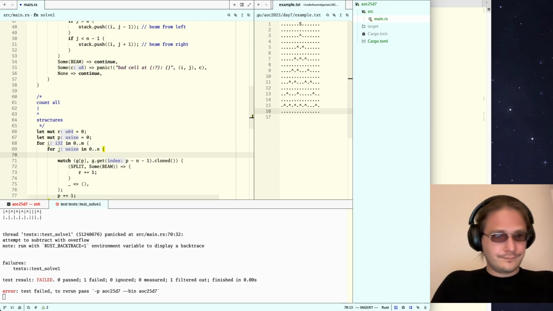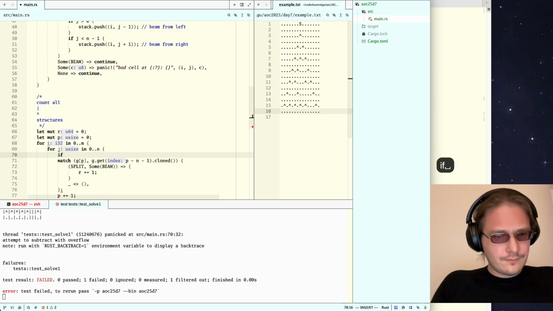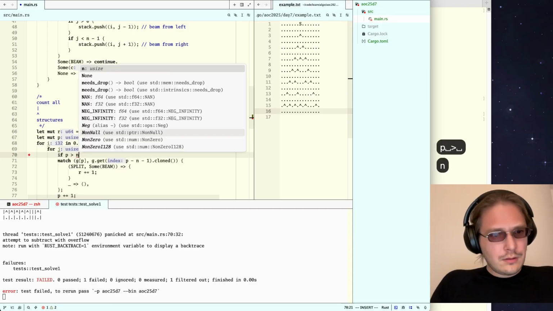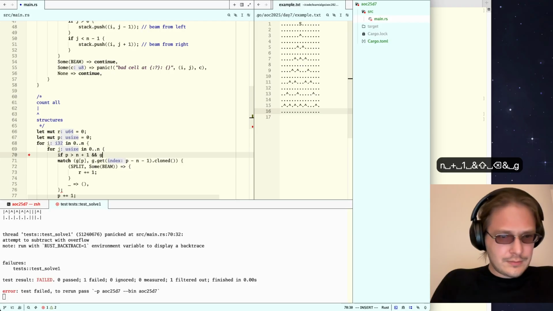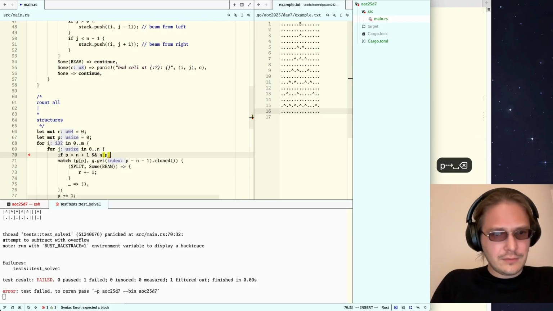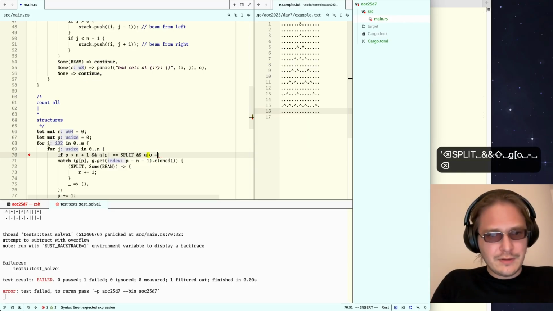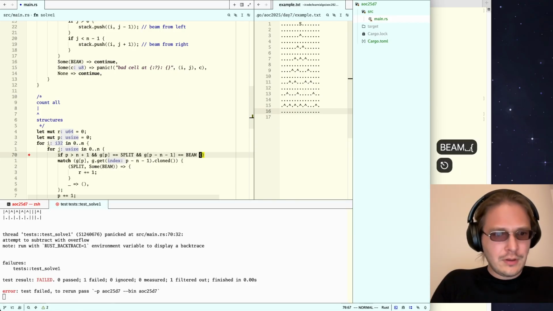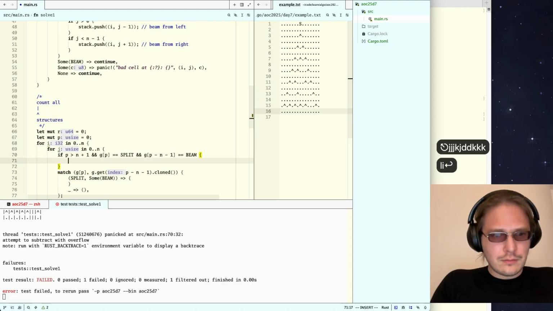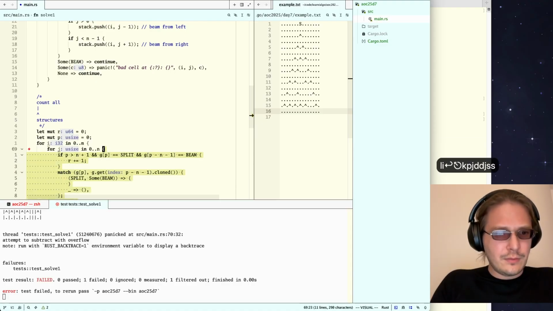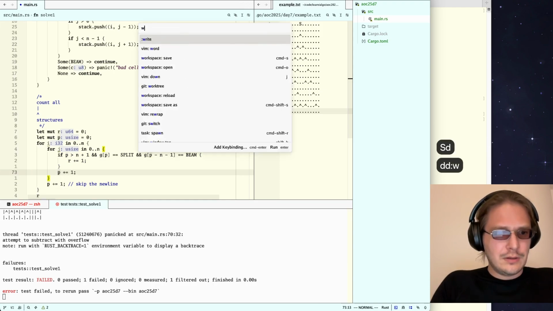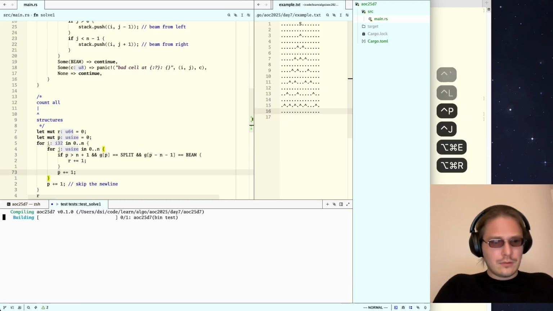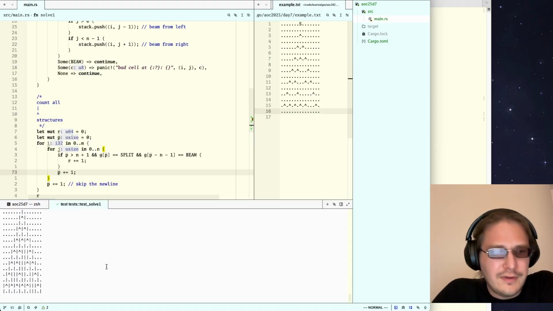N+1 and GP is equal to a split and GP minus N minus 1 is equal to beam above it. In this case, this happens. Otherwise, sure, go away. Okay. And now it seems to work.